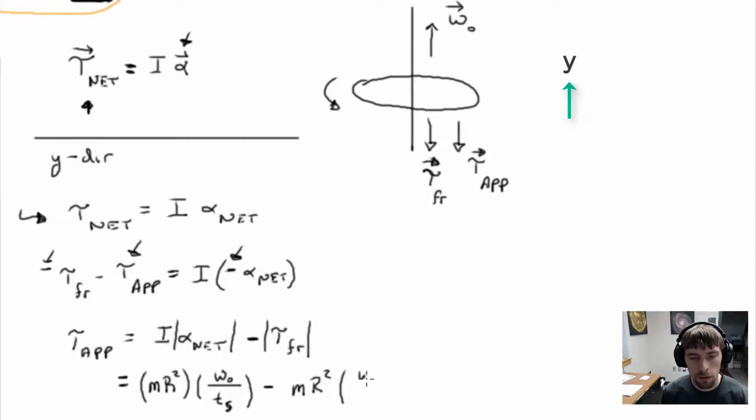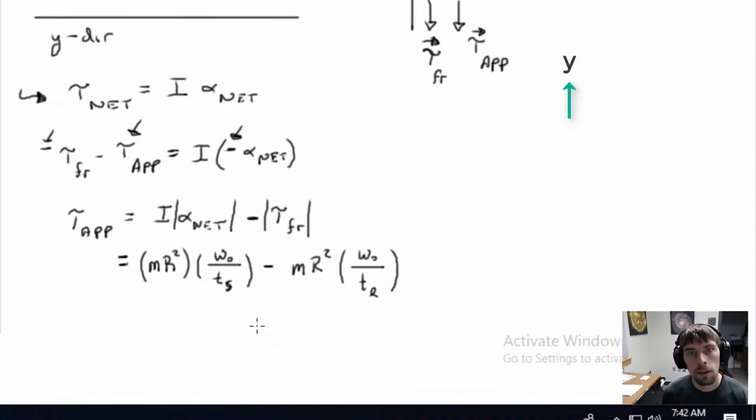We had the initial moment of inertia, and I'll put T and L for long. So if I pulled out all the common terms, for example, if you really wanted to, this is m r squared omega naught multiplied by 1 over Ts minus 1 over T long.